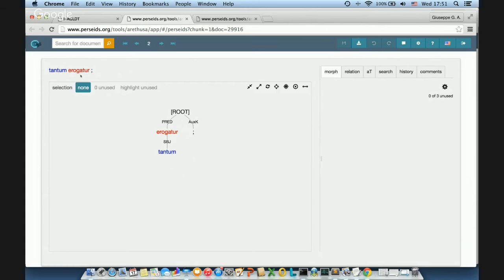So according to the English translation, tantum might be the subject of erogatur. Luckily for us, this is not really affecting the general meaning of the sentence, whether we accept my translation and analysis or the other one.